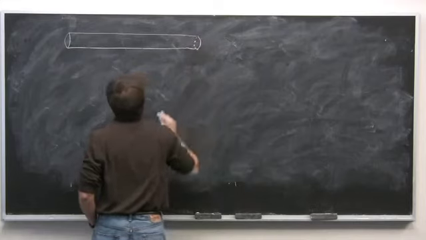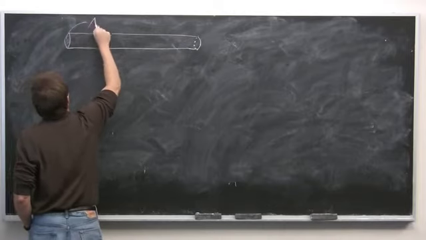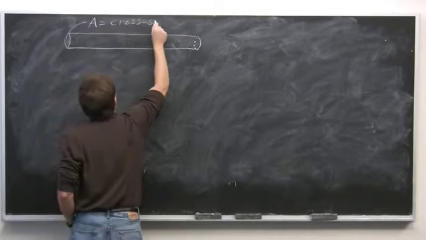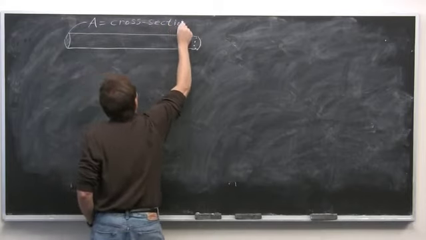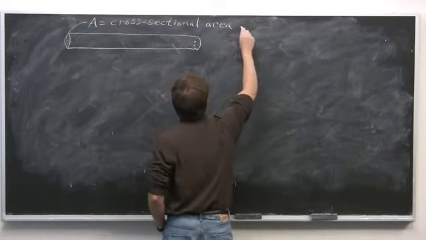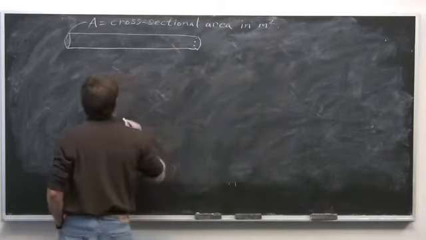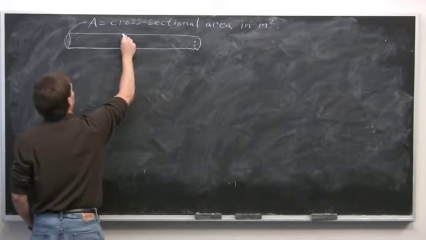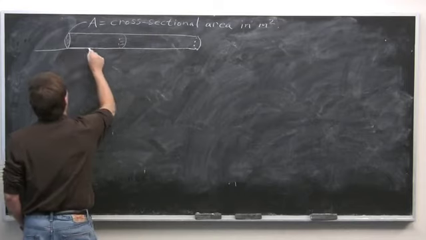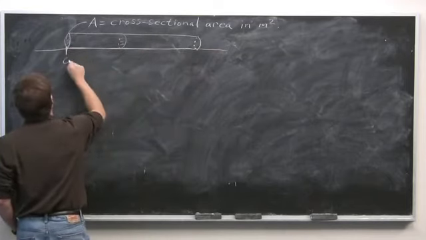So once again, let's take a rod of fixed cross-sectional area A, and just to have some units, I'll say in square meters. I'm assuming that the cross-sectional area is constant throughout the rod. I've got this rod lying along the x-axis, and it's 1 meter long.